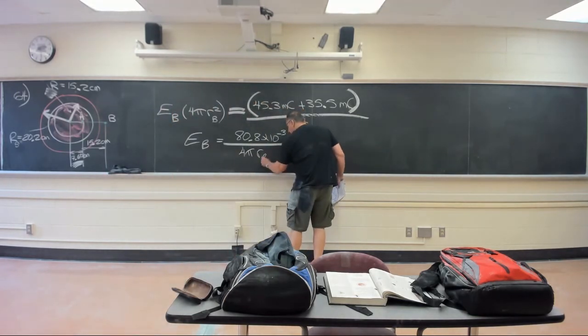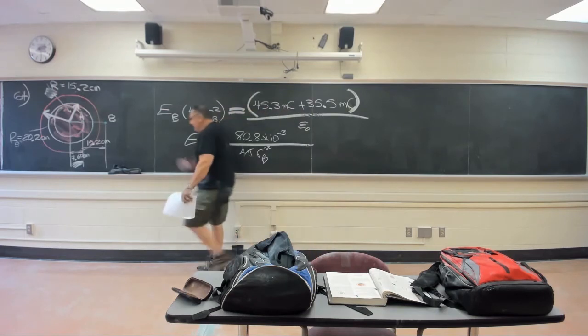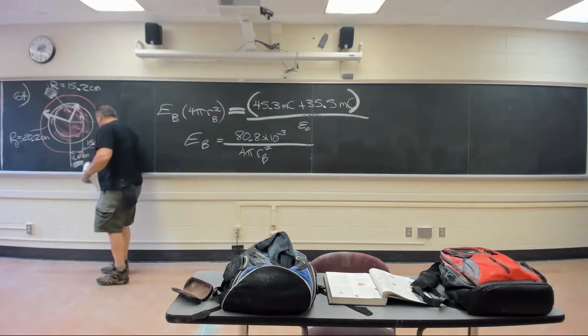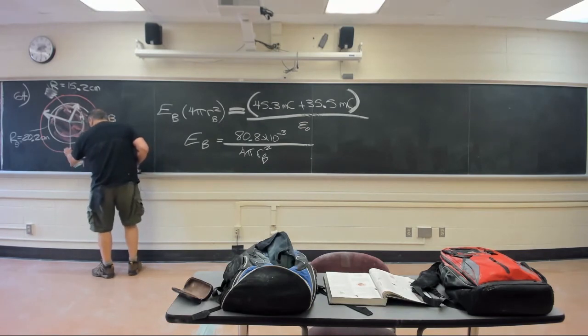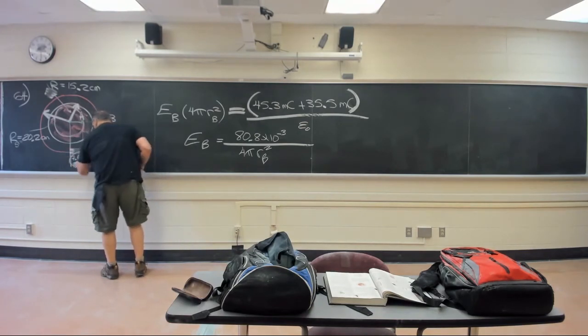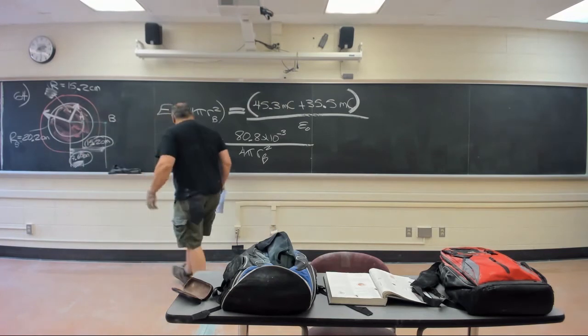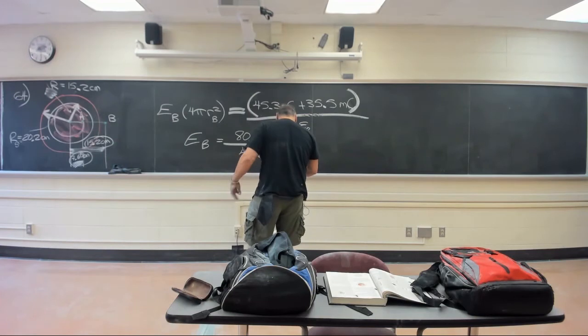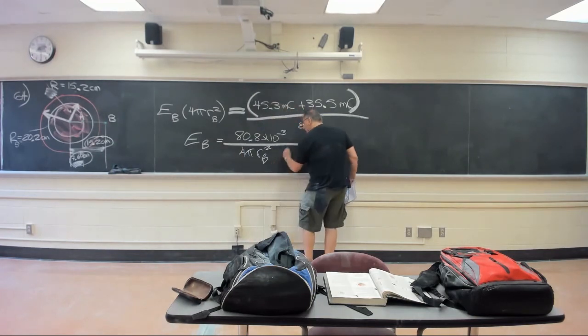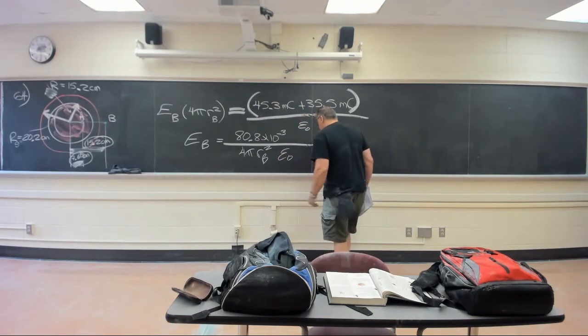You got to add them. Don't get careless here. This is only to here, and this is only to there, and I want the whole thing. Well, that's going to be this plus that. Make sure you have MKS system of units everywhere present. That's all it is.